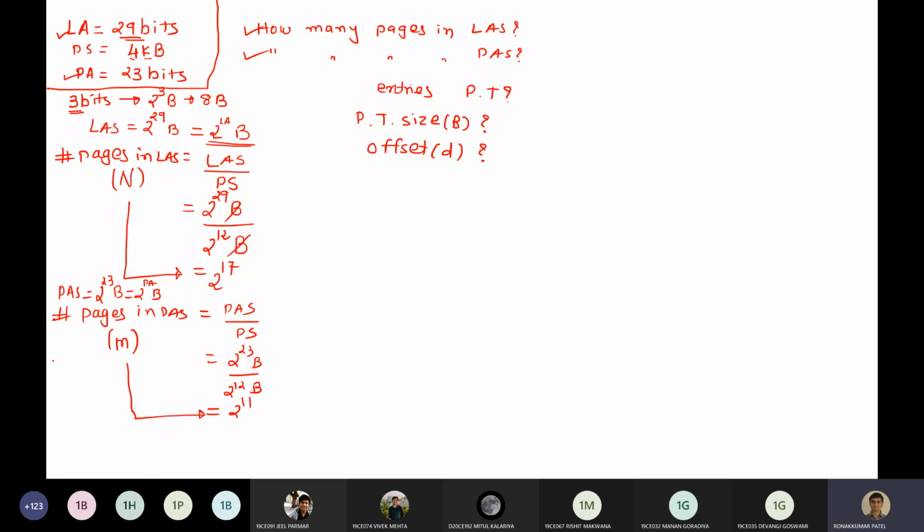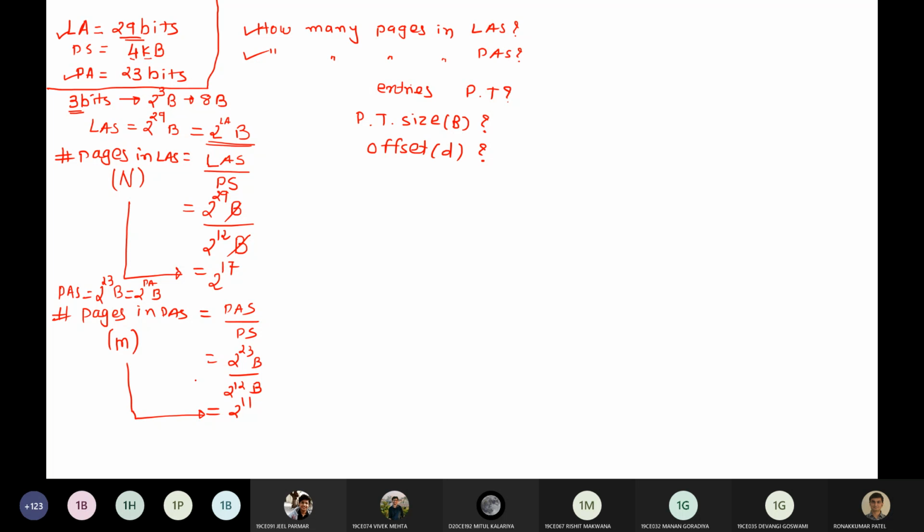So now we know that the number of pages in physical address space is 2 raised to 11. And you can see the process is 2 raised to 17. This is the bigger size, right? And one more thing is we don't require all the pages at the same time. Some pages which are required will be loaded into your memory.